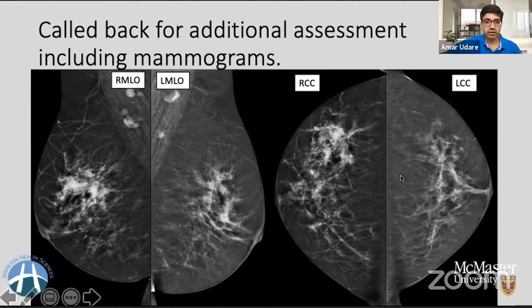Always start thinking in your head, why is one breast appearing darker than the other? This happens with all the new mammography machines where they are doing automated exposure control. They will try to create an image with a similar contrast for you by adjusting the exposure of the image.